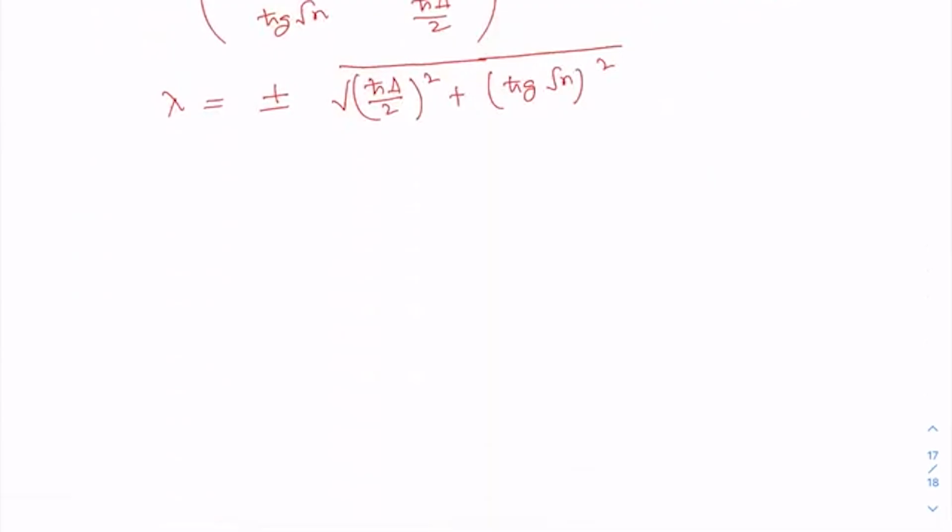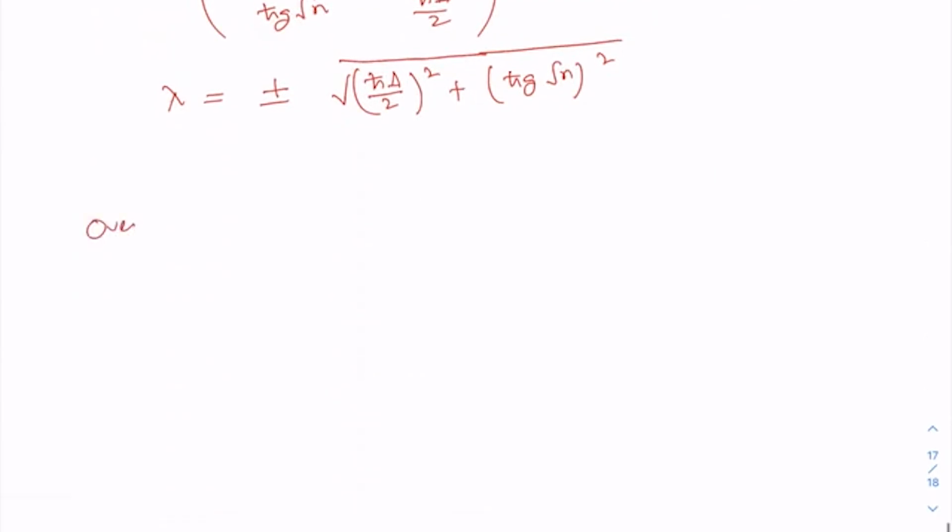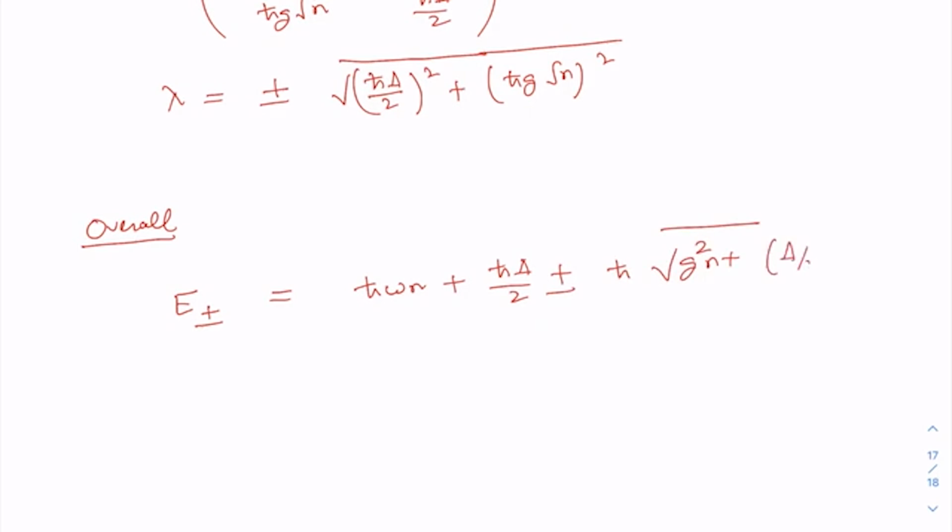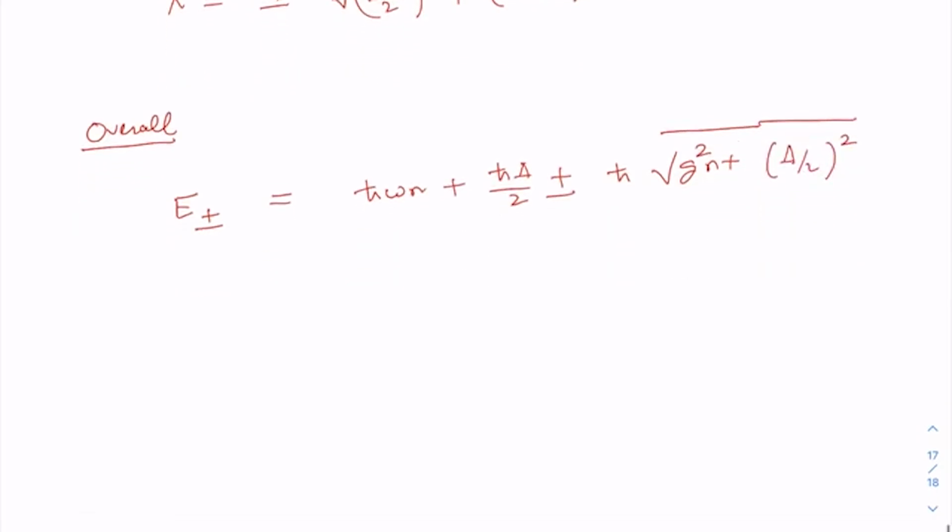So overall, the eigenvalues of the Jaynes-Cummings Hamiltonian under RWA are E plus minus equal to ħωn plus ħΔ/2 plus minus ħ times the square root of g square n plus (Δ/2) whole square. Or simply, we have two energy eigenvalues, E plus and E minus.